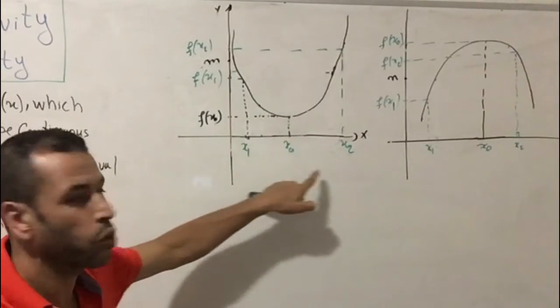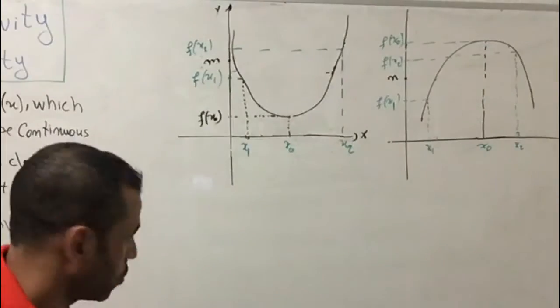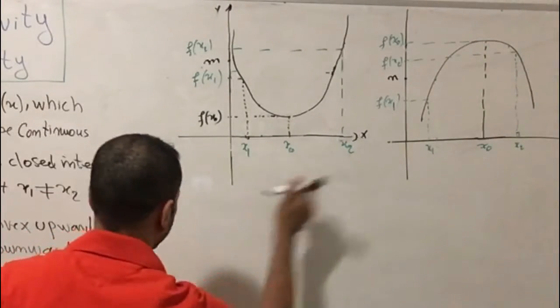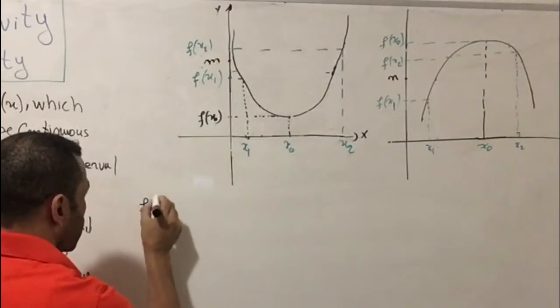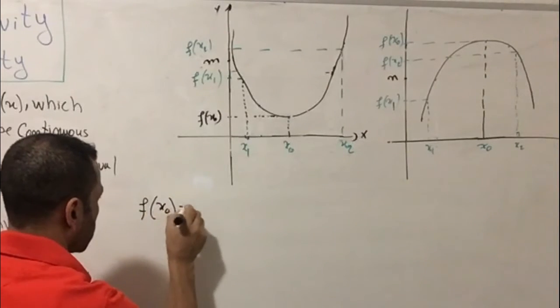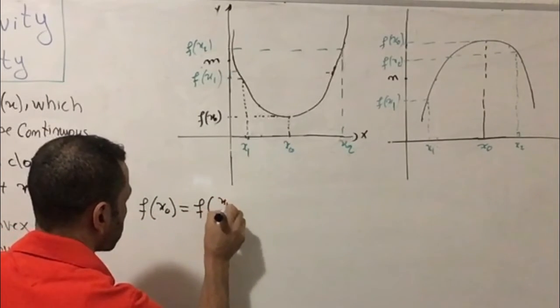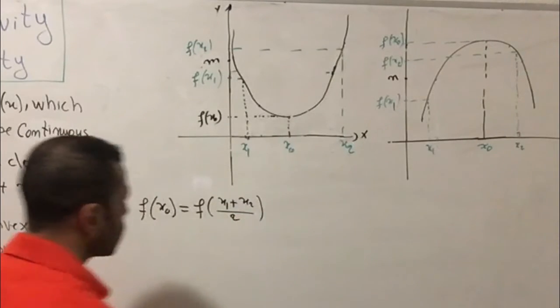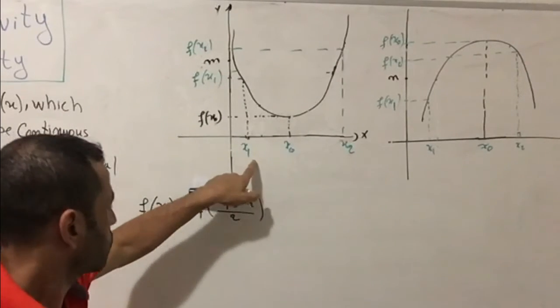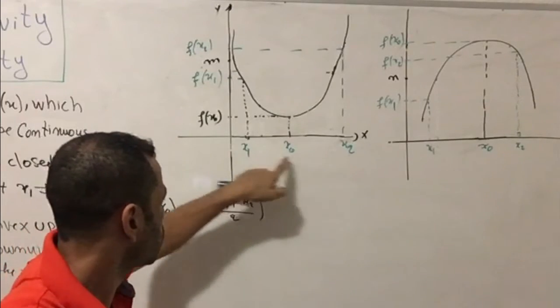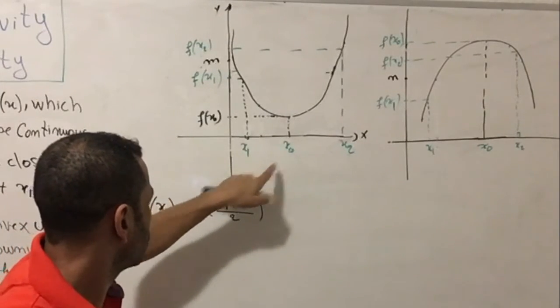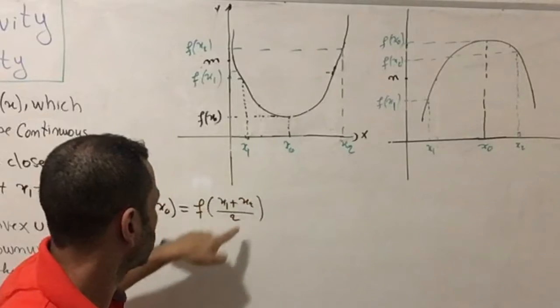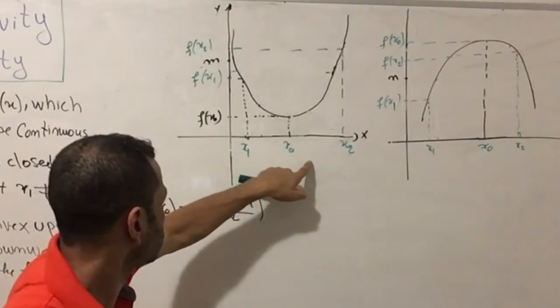Now I'm going to calculate the average of these 2 points, which is x1 and x2. So x0 equal to x1 plus x2 over 2, which represents the average of these 2 points.